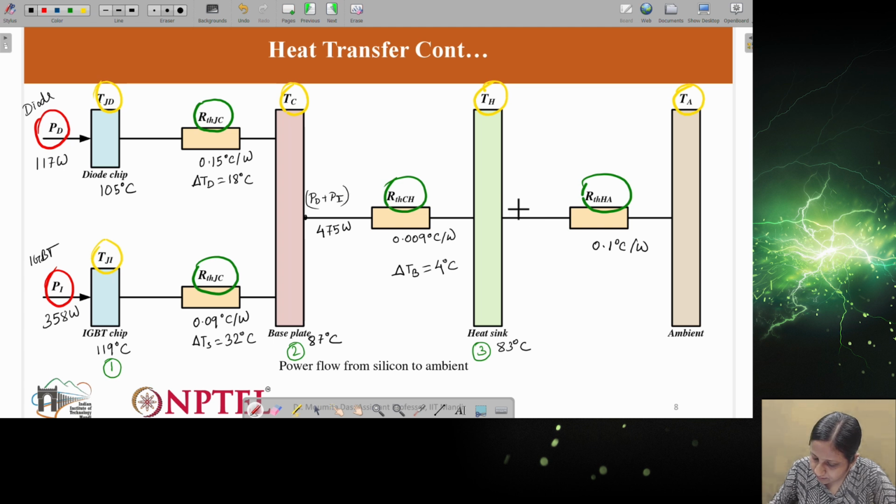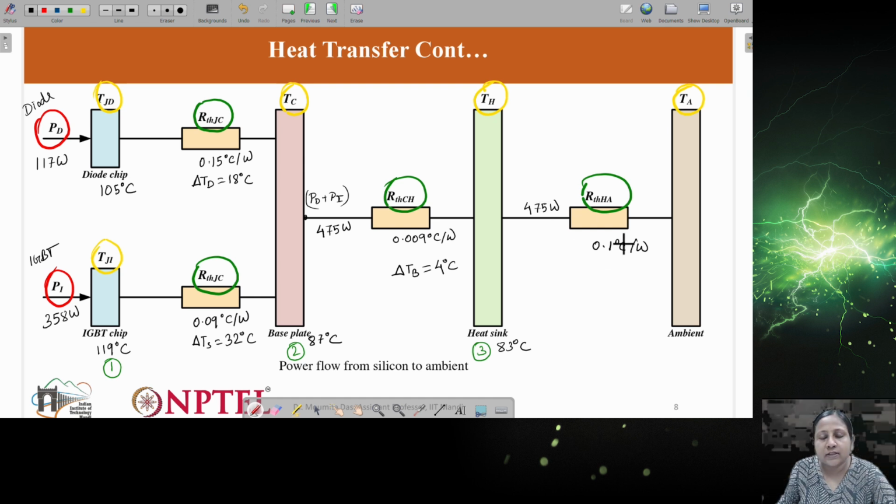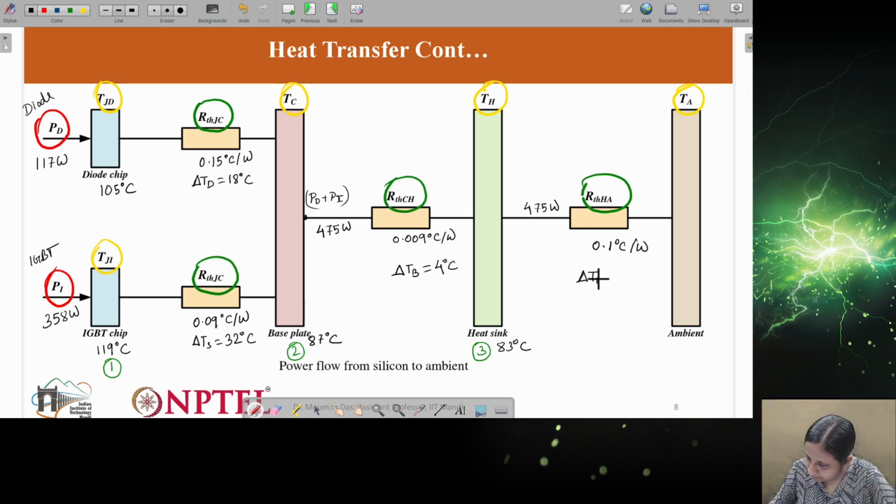So the same 475 watt will be here at this particular point. Then it will multiply with the thermal resistance of the heat sink. So then it will create a temperature difference which will be equal to 48 degrees Celsius.